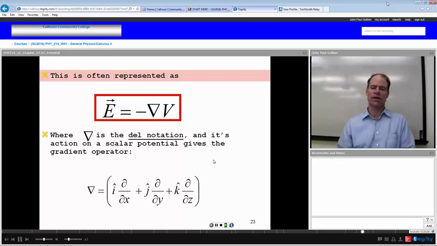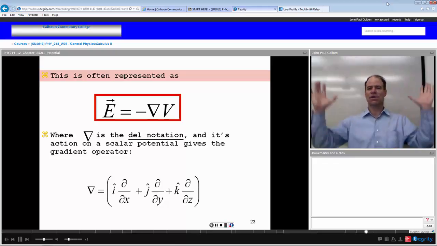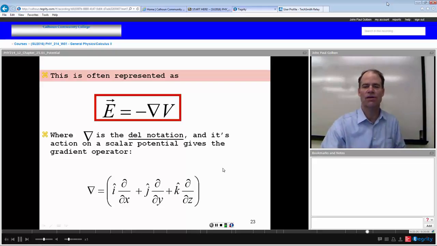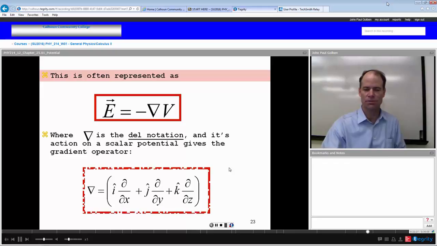Gradient operator is i, j, k multiplied by the partial derivative x, y, and z of the scalar potential. So the del notation, sometimes called nabla, which was the object of the harp in the old days, kind of looks like a big harp. The del notation is associated with the gradient operator on the scalar potential.